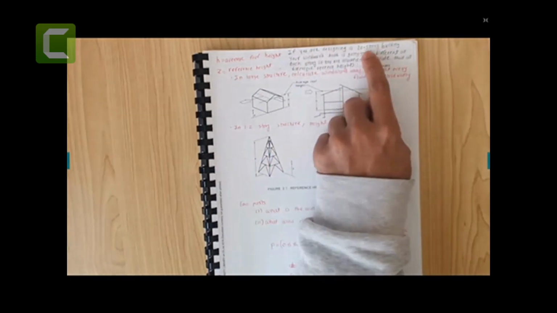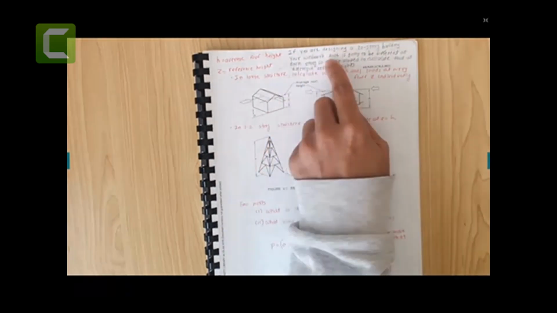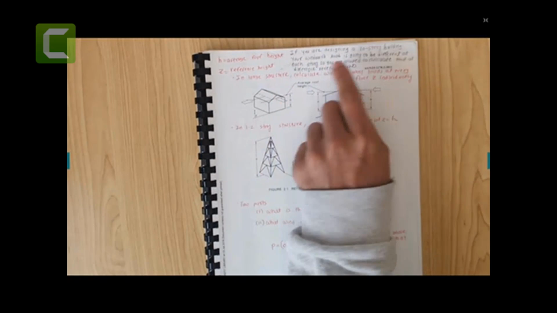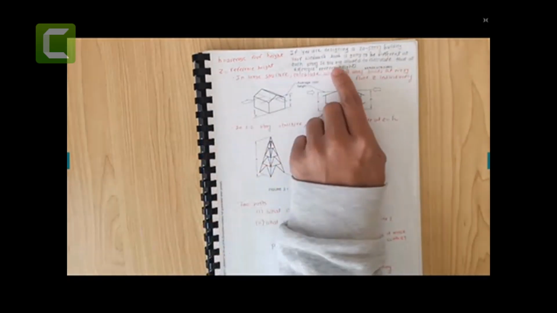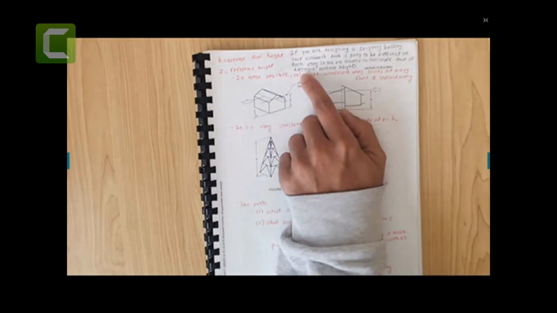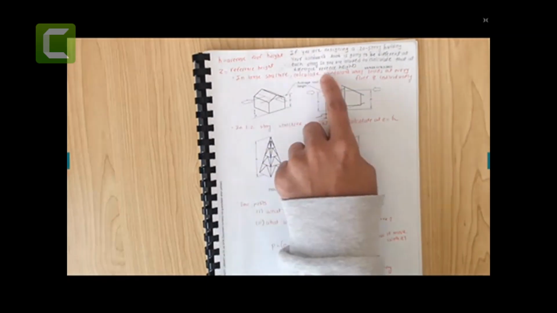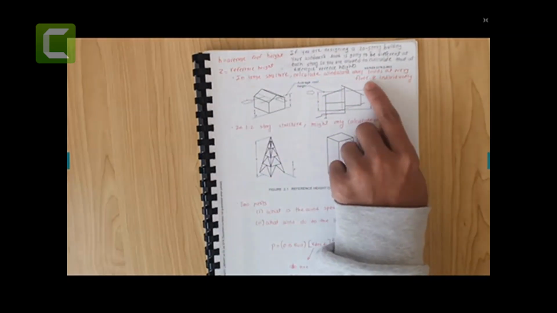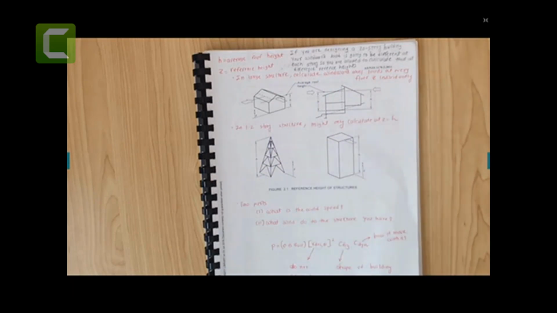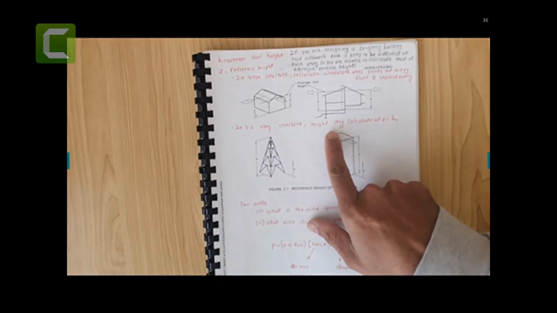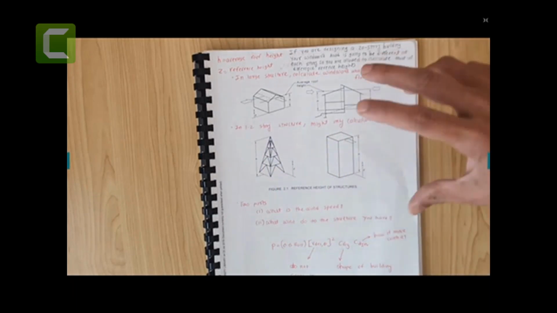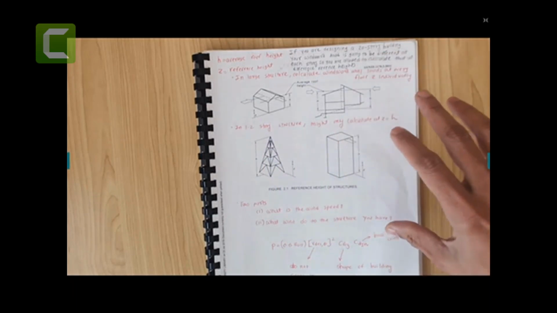So if you are designing, let's say, a 20-story building, your windward wall is going to be different at every story, so you are allowed to calculate a different reference height. In large structures, calculate windward wall load at every floor Z individually. For a 1 or 2 story structure, you might take Z equal to H. So for our case, we will have Z equal to H.